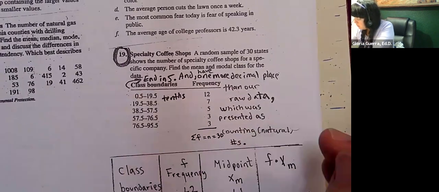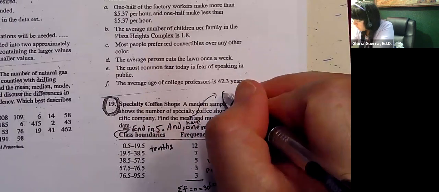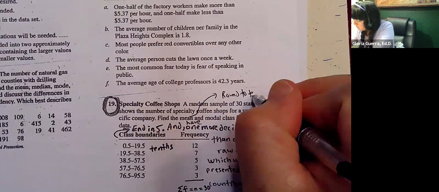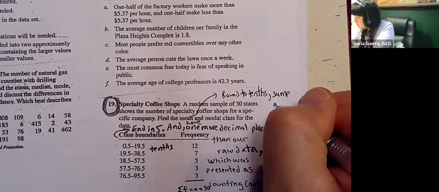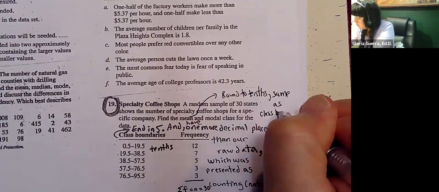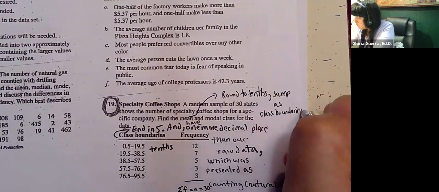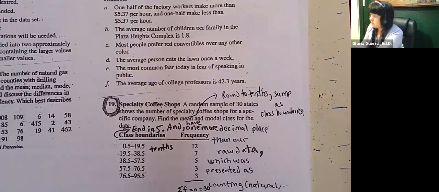So when we find the mean here, we will have to round to the tens place, and it has to be the same as the class boundaries. That's the rule of thumb. Round to 10, same as class boundaries.